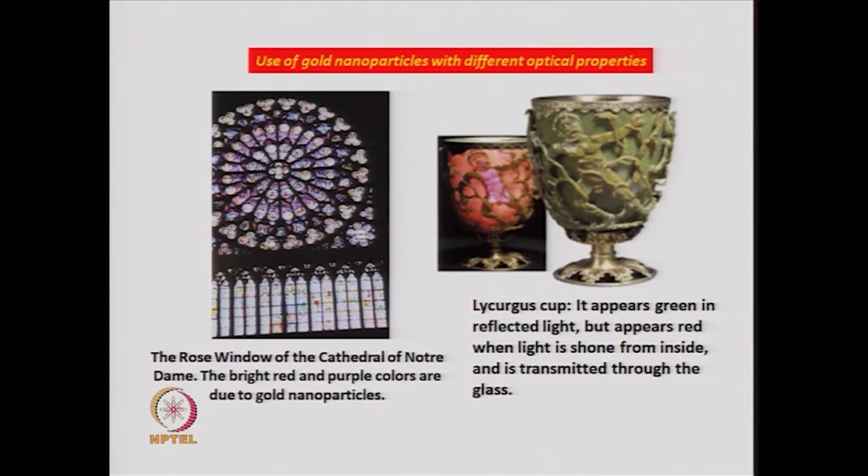Today people are analyzing this kind of information which has been present for centuries with us, and this is only one particular application, that you can have different colored glasses with nanoparticles of gold of different sizes, giving you different colors. And today we have gone ahead and made many new applications, whereby the optical properties are being used for applications.